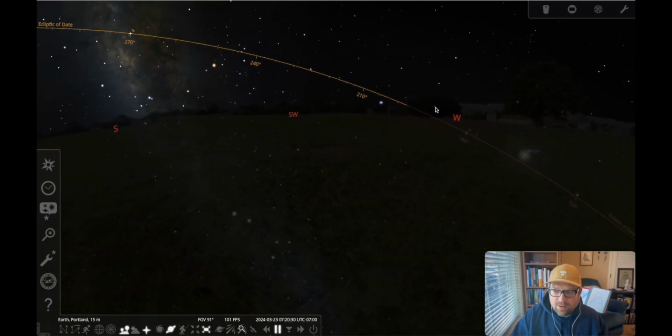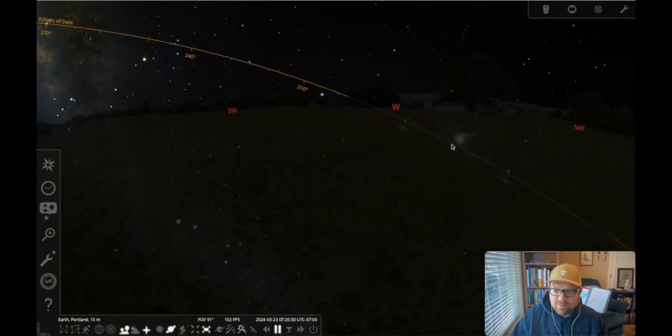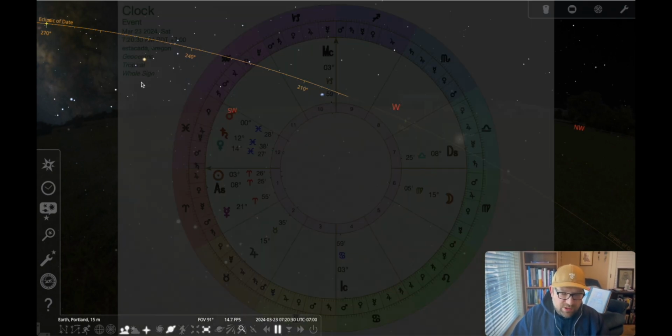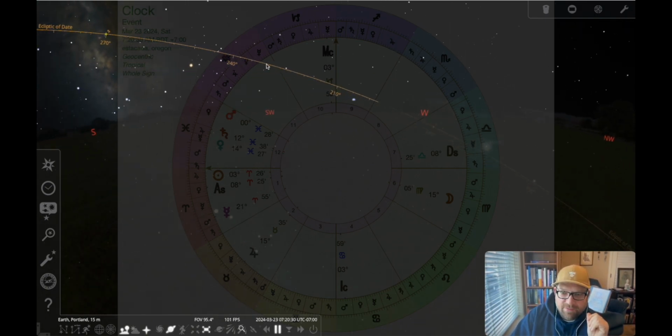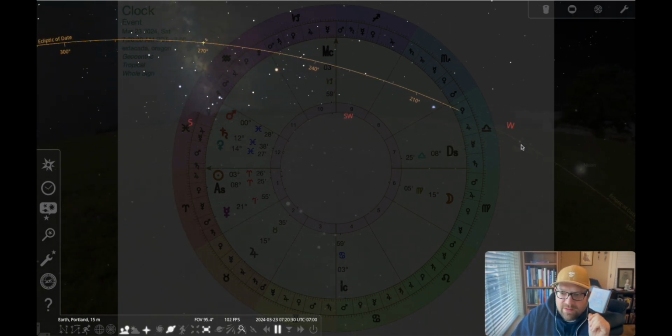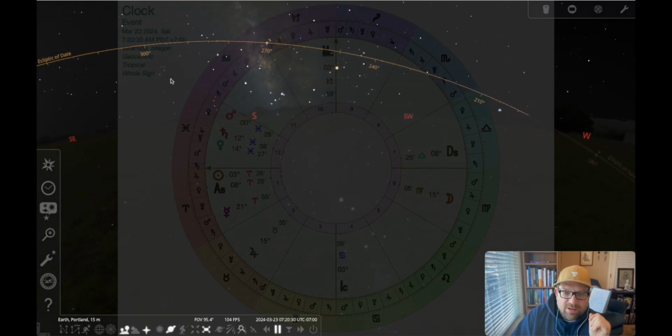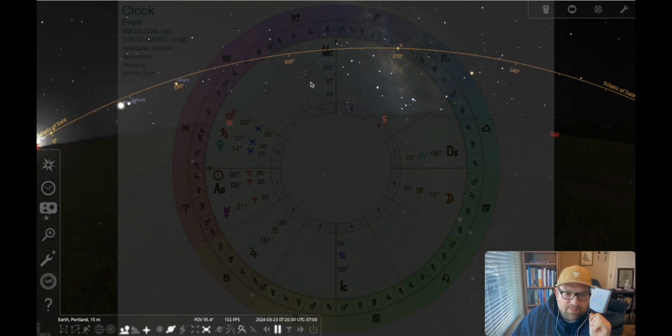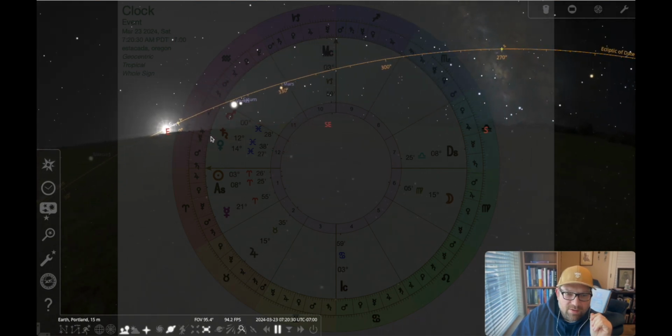And in this program, we can see that the moon is recently set. So that would show up in our charts as being below that ascendant-descendant line in the bottom half of the chart.